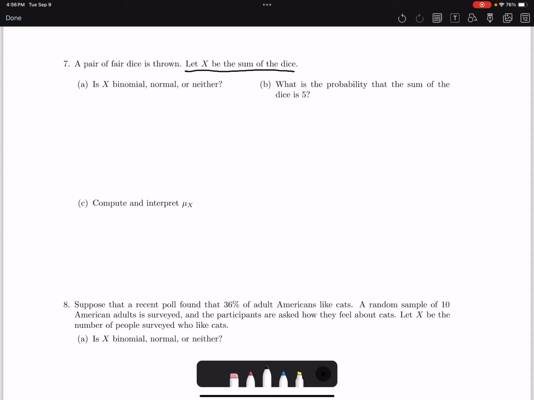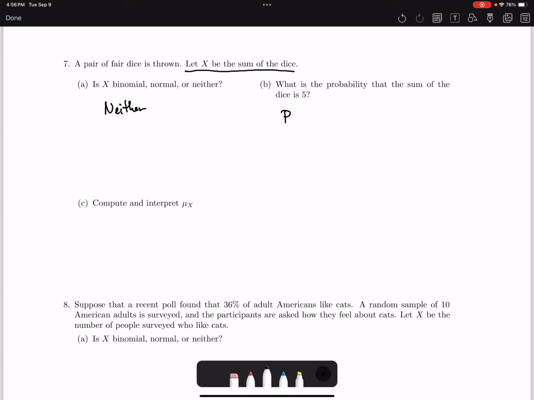So x is neither binomial nor normal, right? It's neither. And as I've said before, if it were Poisson or uniform, I would tell you that. And since I didn't tell you that, we can just say, well, this is not any of our special distributions. So when we go to answer part B, what is the probability the sum of the dice is 5? We'll just have to figure that out ourselves, right?